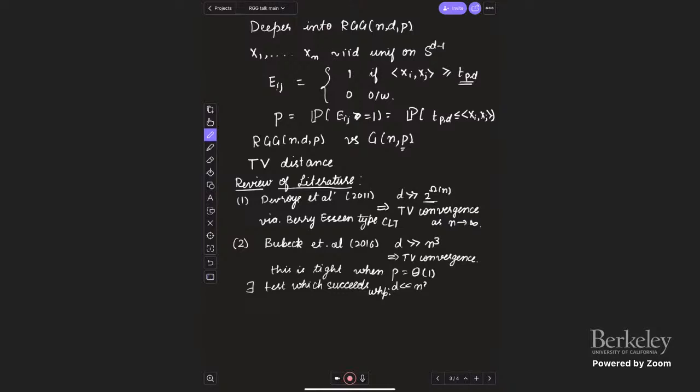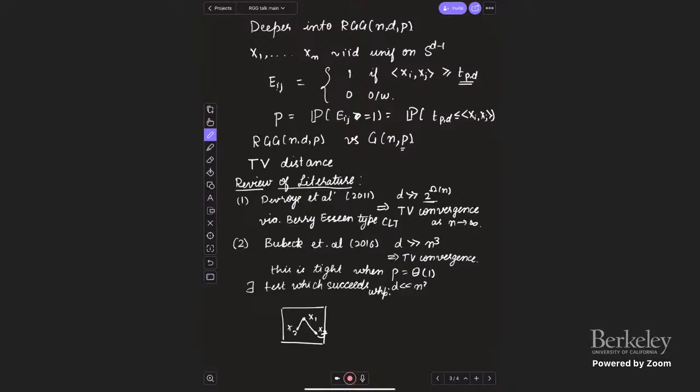This test just counts the number of signed triangles in the random geometric graph compared to the Erdős-Rényi random graph. To give you some intuition as to why this test might work, let me give you an exaggerated example of a random geometric graph in 2 dimensions. Suppose we have x1, x2, and x3, and suppose x1 and x2 are close enough to each other to have an edge, and x1 and x3 are close enough to have an edge.